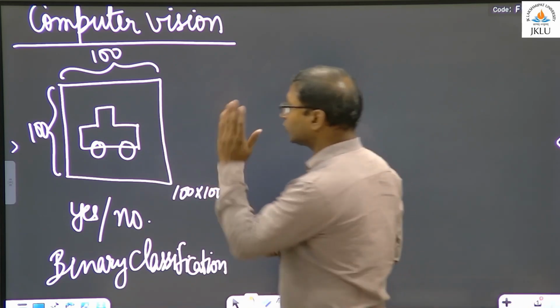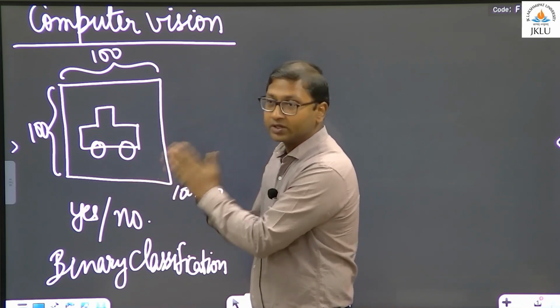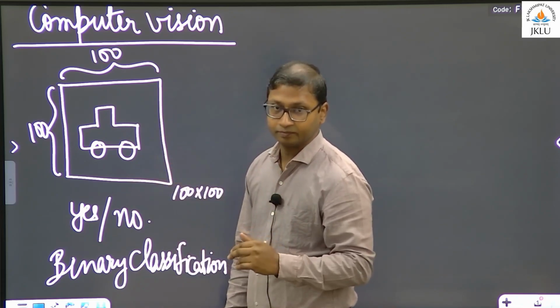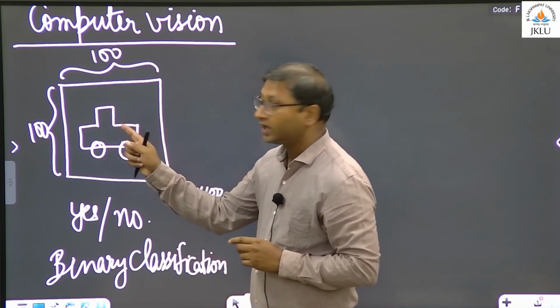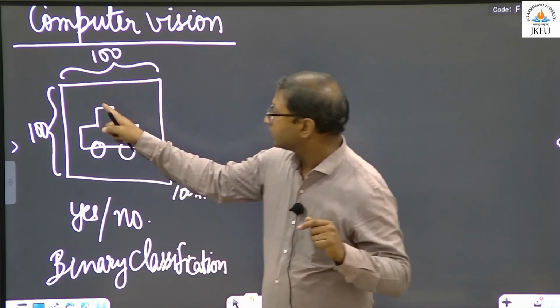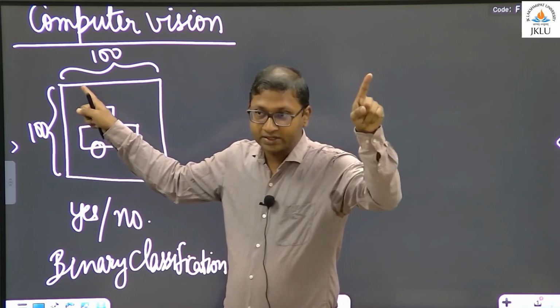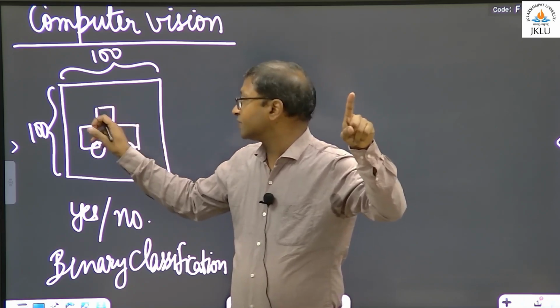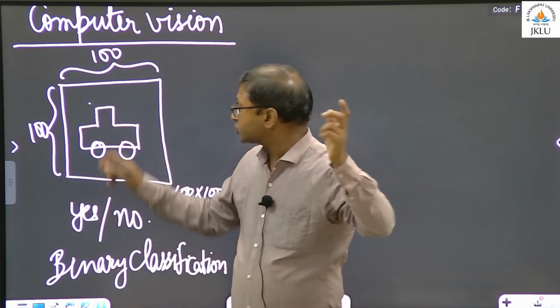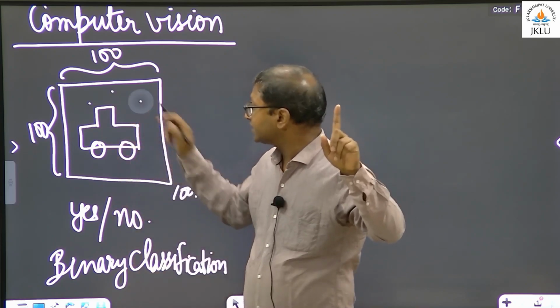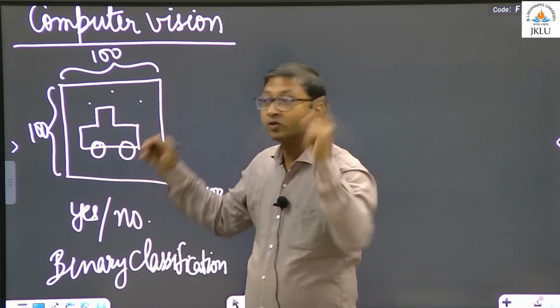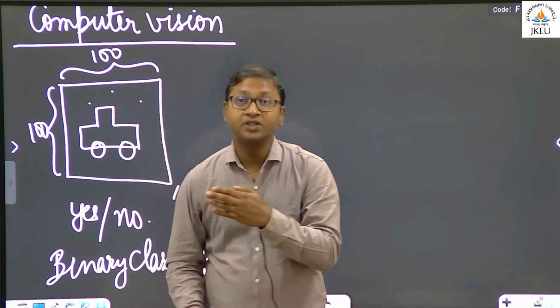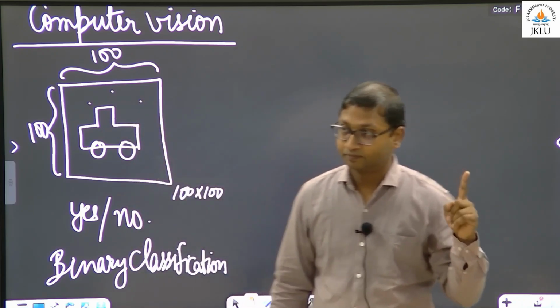You can do whatever, but once you make a choice, you need to fix it. It's okay even if you say my x1 is this pixel, my x2 is this pixel, my x3 is this pixel, and so on. But once you fix this mapping, it should be the same for the whole training data set, right?